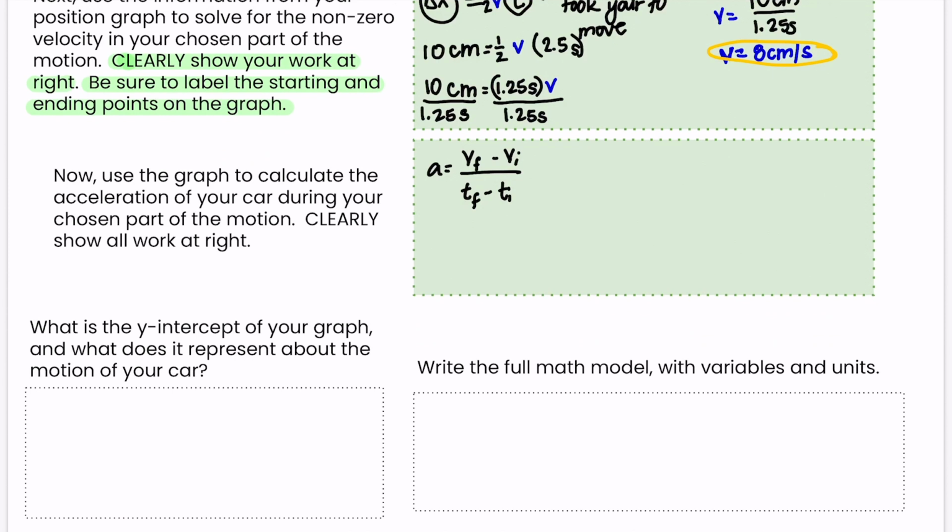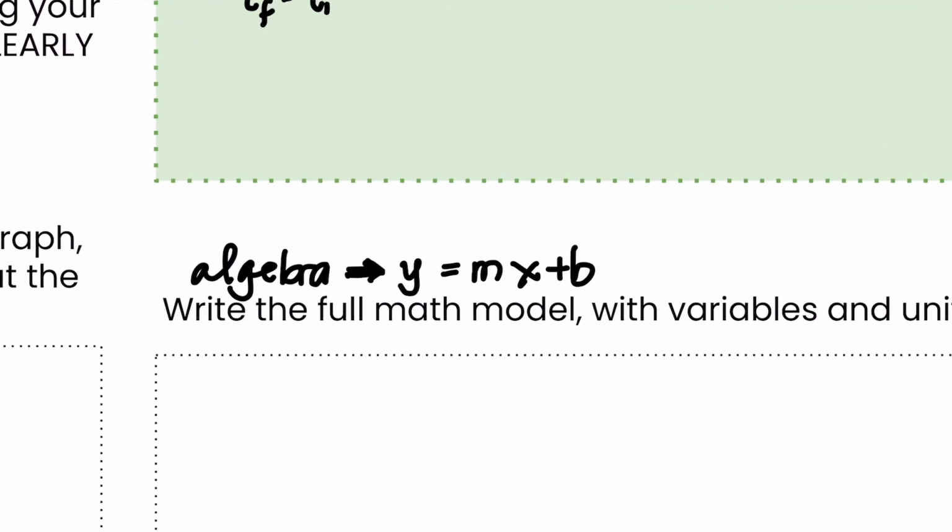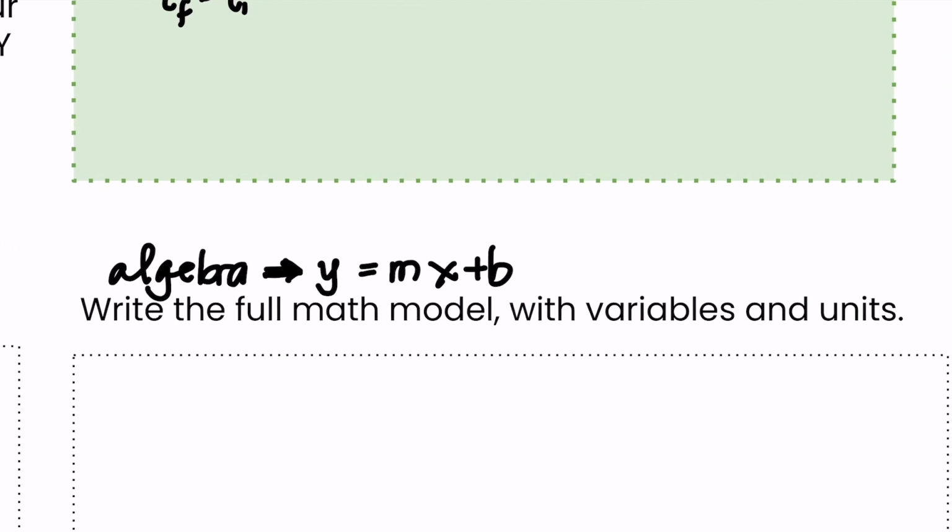And the math model is what we did with algebra. Okay, so for algebra, it started off with y is equal to mx plus b. Now let's just make this a little bit bigger so that we can focus on this section. Now, y is going to be whatever is on our y-axis. Okay, and on our y-axis is velocity. Now, on our m here is our slope.